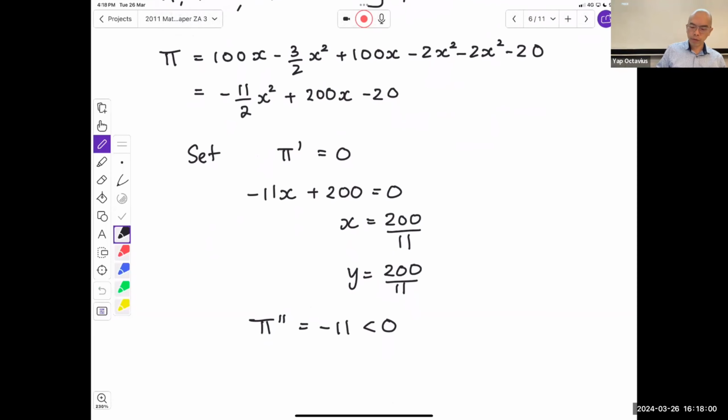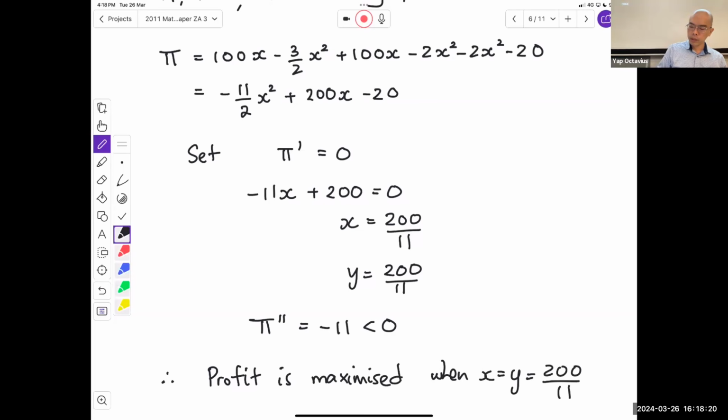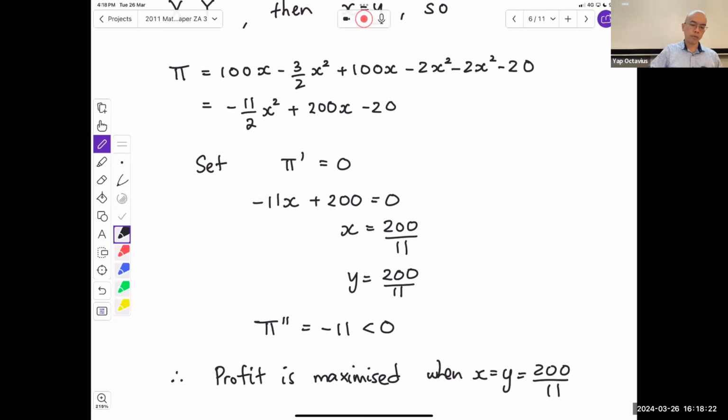Okay, so therefore, maximize. So with these two quantities. Okay, so that's the end of the question.